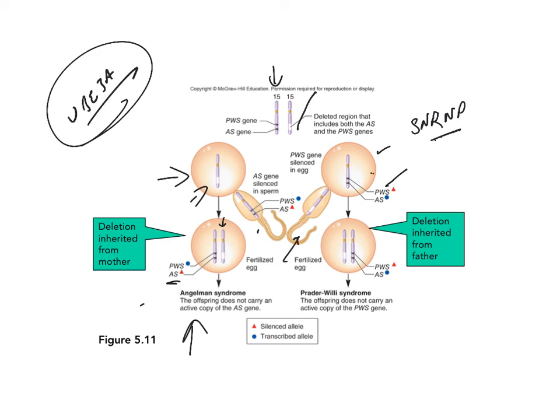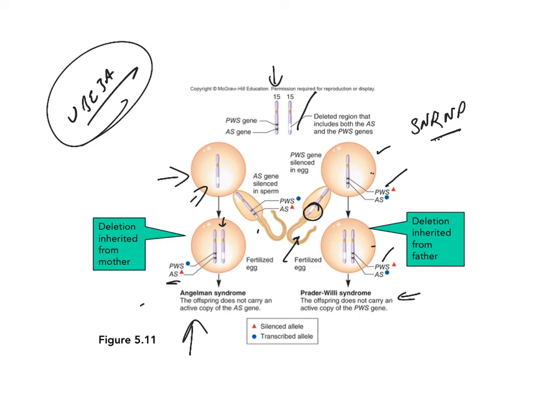In this sperm, we've got a chromosome 15 that has that region deleted. So now, in this fertilized egg, we only have one copy of both of these genes. However, the only one that's silenced is the PWS gene. So that means no expression of SNRPN, therefore you're going to develop Prader-Willi syndrome.